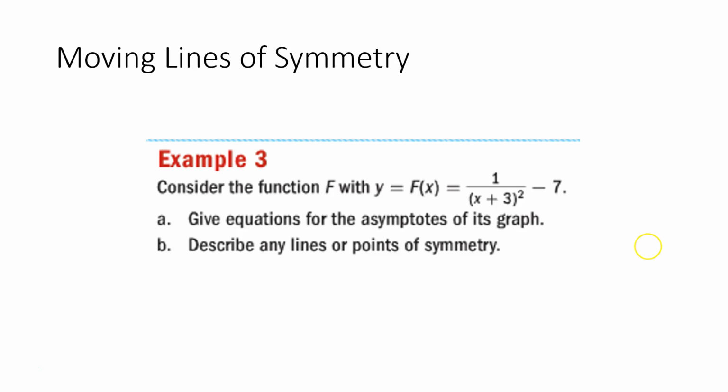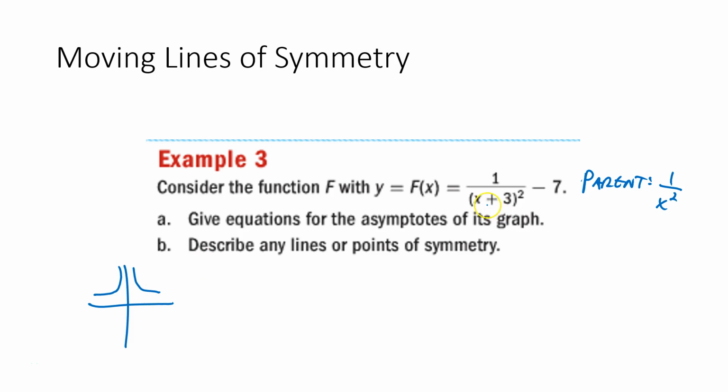So in this one, we have the function 1 over quantity x plus 3 squared minus 7. So the parent function for this guy is just 1 over x squared. And if the parent is 1 over x squared, that looks like this. It's the volcano.